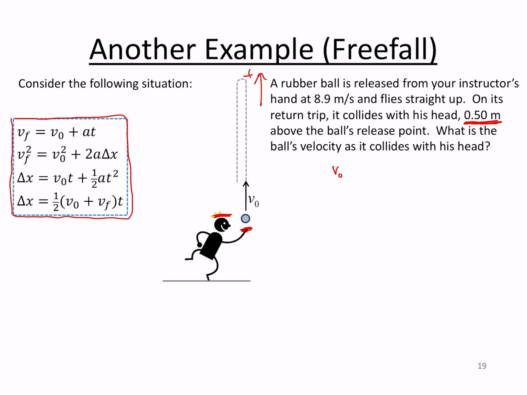Initial velocity, right? The velocity with which the ball leaves my hand is 8.9 meters per second. And the delta x for the entire trip, at least, you could think about doing delta x's to the top of the trajectory or something like that, but delta x for the entire trip is positive 0.5, right? Because it ends 0.5 meters above where it started.